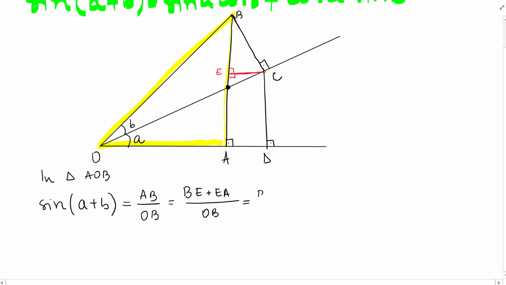Now let's separate it into BE over OB plus EA over OB. So we have BE over OB, and they are sides in different triangles.